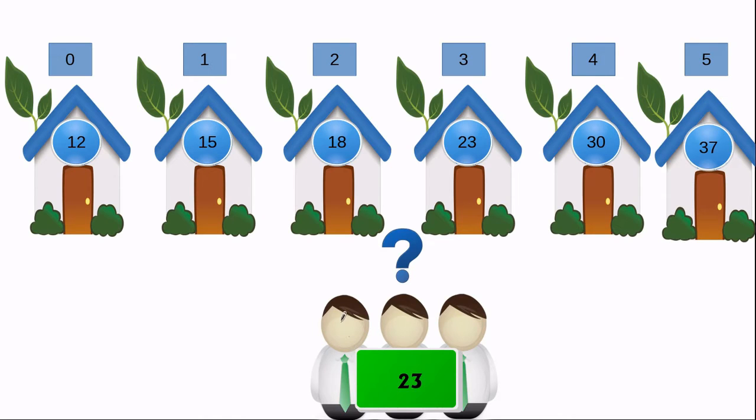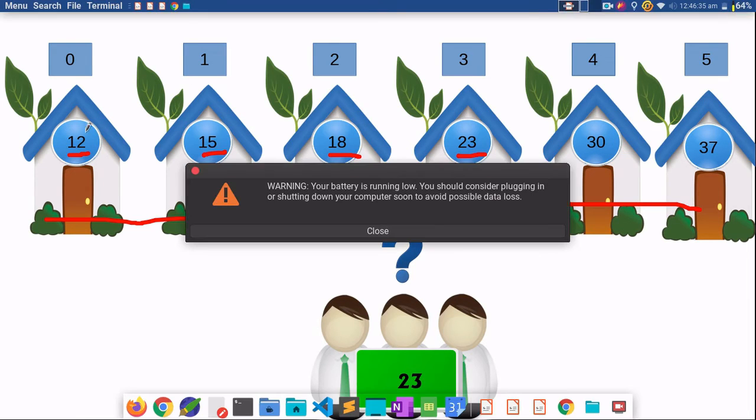Now let's visualize this binary search by using some graphical representation. Here you can see this is an array of houses, and each house has a number. Also, if you notice, all these numbers are in sorted ascending order.